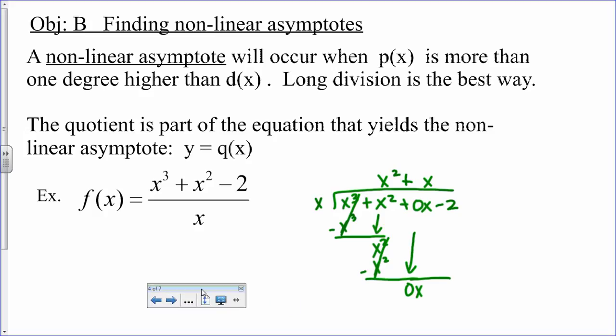Okay, what do you multiply x by to get 0x? 0. And then you bring down your -2, which is your remainder, because you can't multiply x by anything to get something without an x. Okay, so here is my non-linear asymptote.